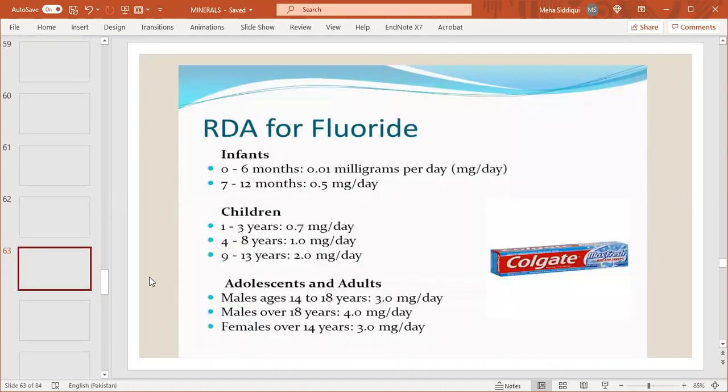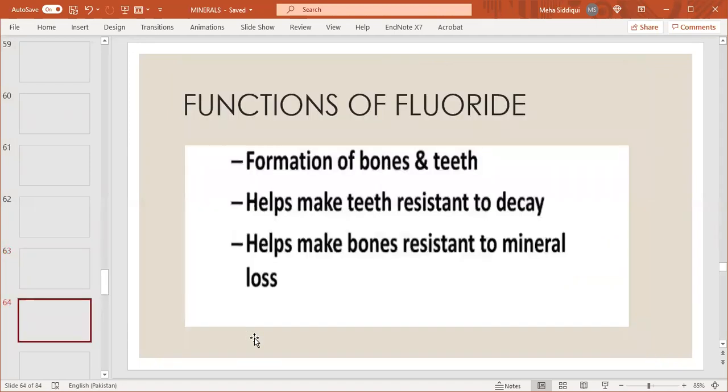Now, the recommended daily allowance for fluoride in infants is 0.01 to 0.5 milligram. In children up to 13 years of age, it is 2 milligrams per day, and in males aged 14 to 18 years, it is 3 milligrams per day. In males over 18 years, it is 4 milligrams per day, and in females over 14 years of age, it is 3 milligrams per day.